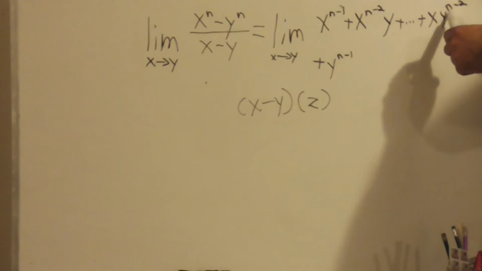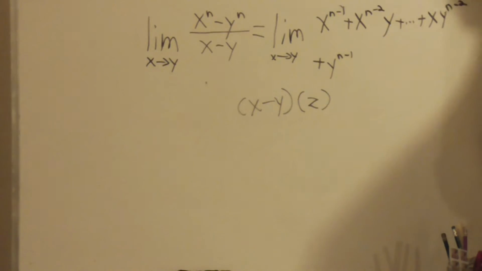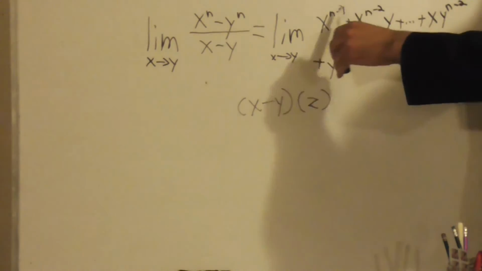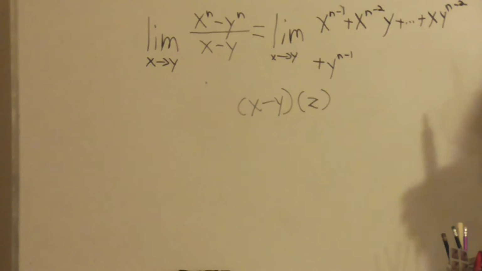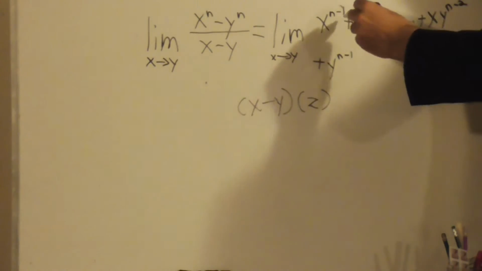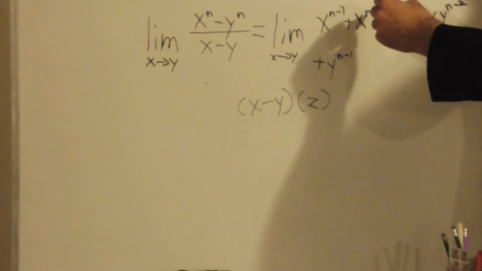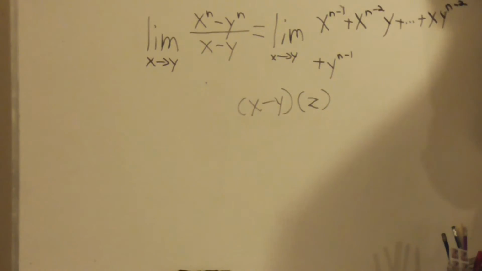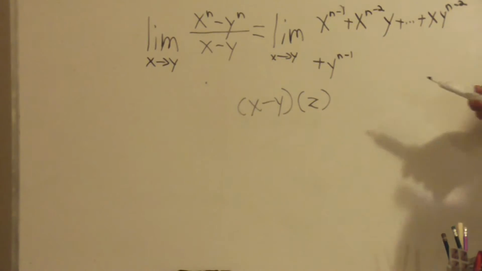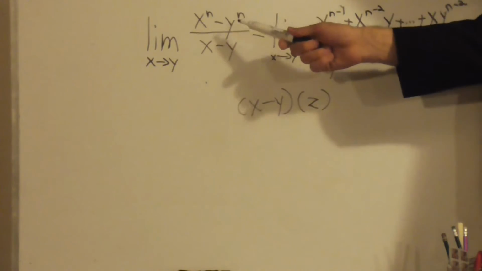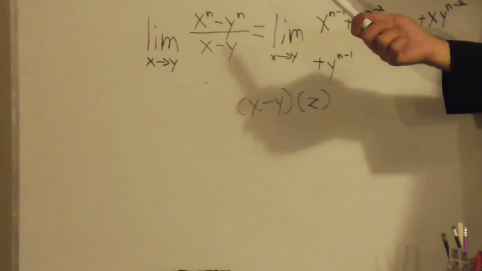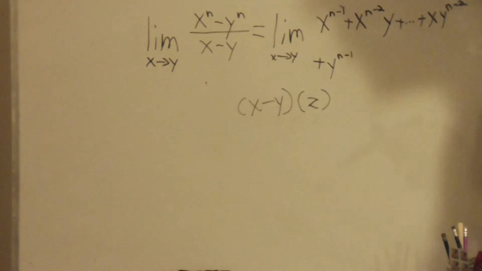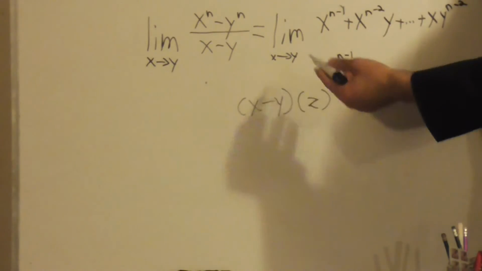You multiply y by this, you have y to the n minus 2, and of course the negative sign flips positive. And then you work your way all the way back to x to the n minus 1, and you do the same thing for x, except for x you start here. Again, I'm doing this for visual purposes, but x multiplied by this would be x to the n minus 1, and you keep going. It might be more difficult to see here, but this is the factored form. If you multiply this out, you would have it all multiplied out. So this factorization makes sense.